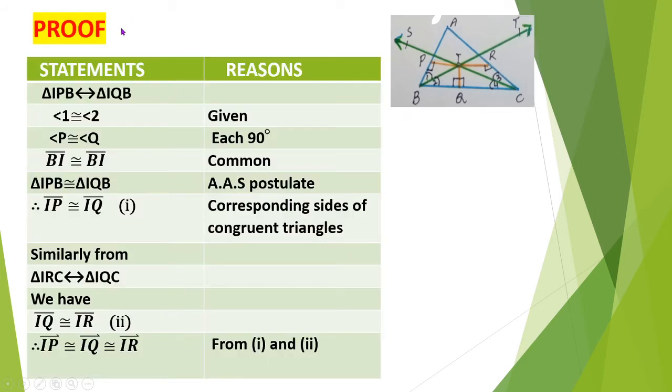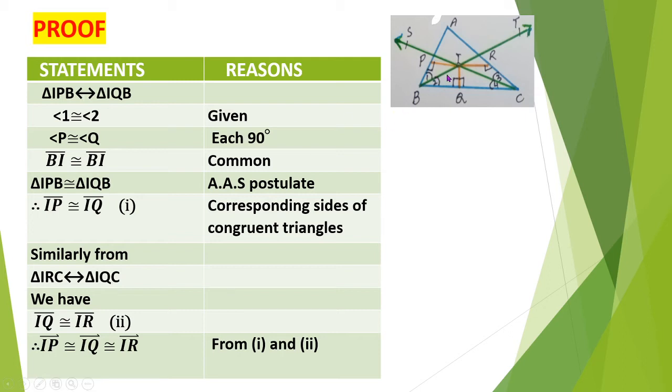So in the proof, we have to make two columns, statements and reasons. As you can see in this diagram, there are two triangles, triangle IPB and triangle IQB, and we are going to take the correspondence between these two triangles. This is the sign of correspondence.